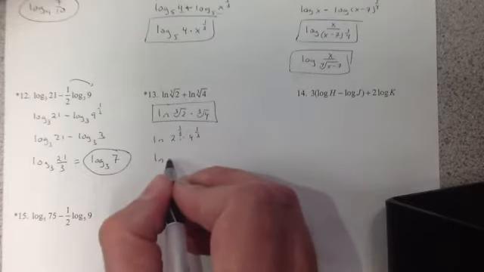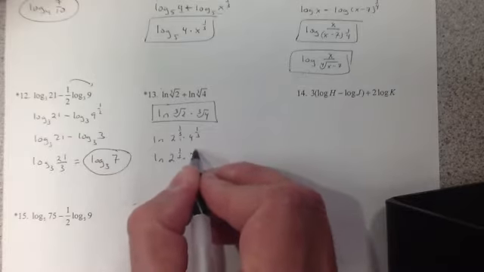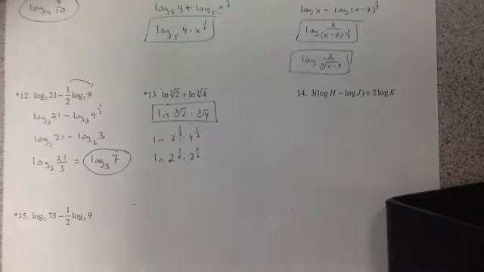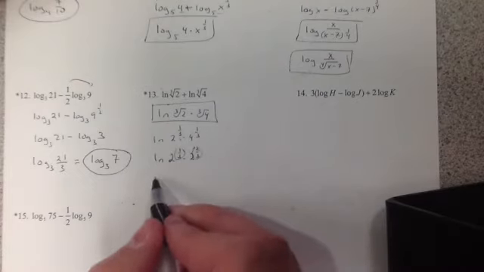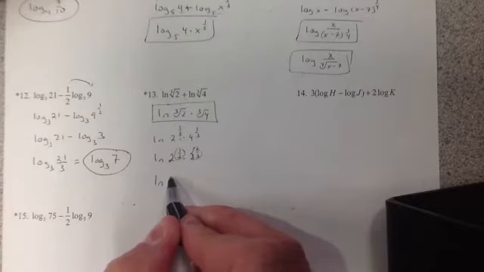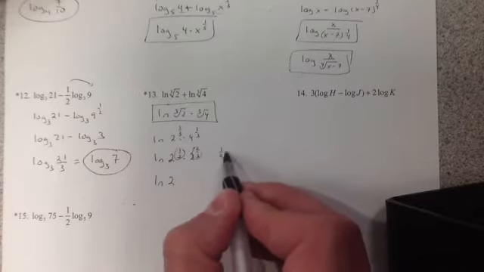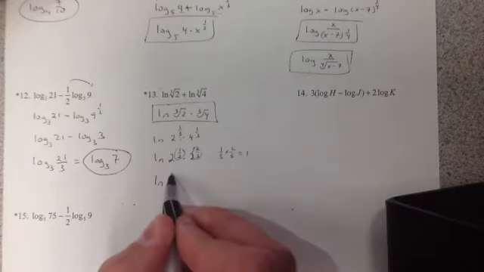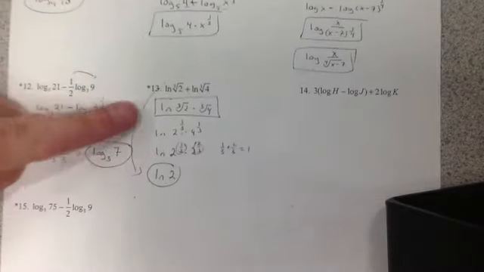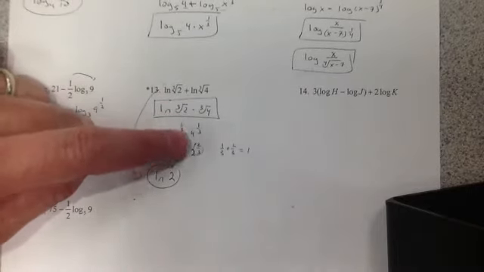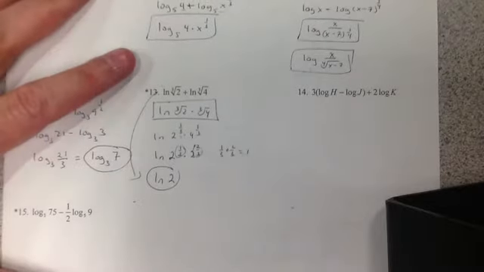So I get the natural log of 2 to the 1/3 times 2 to the 2/3. And what's so nice, because now when I add them, this becomes the natural log of 2 to the 1st, because 1/3 plus 2/3 equals 1. So this, ladies and gentlemen, is just the natural log of 2. And you should always simplify if you can.